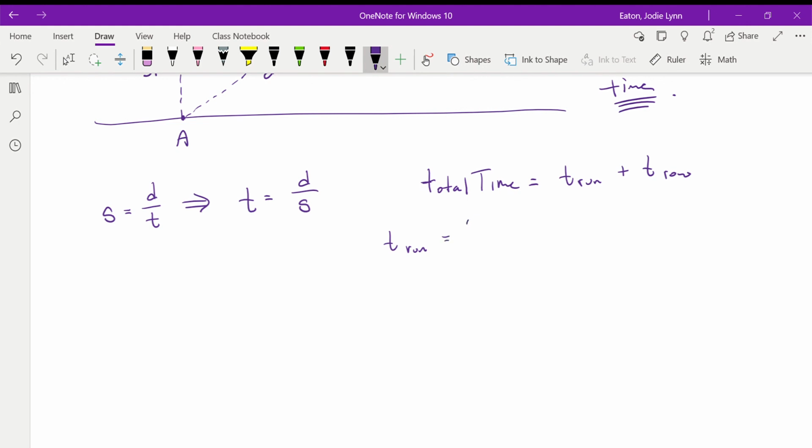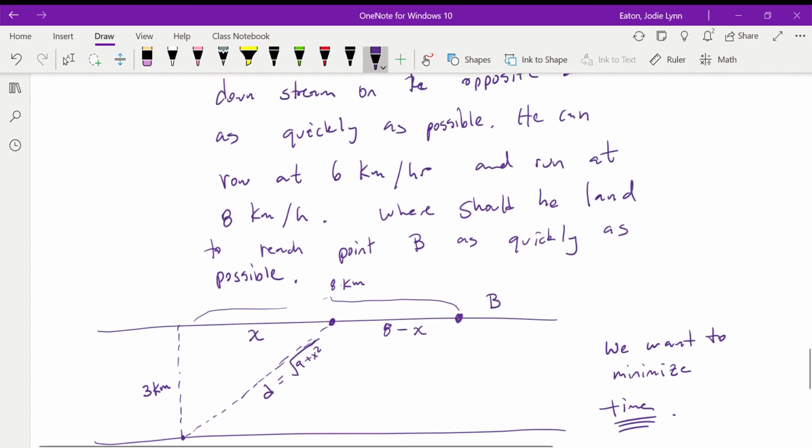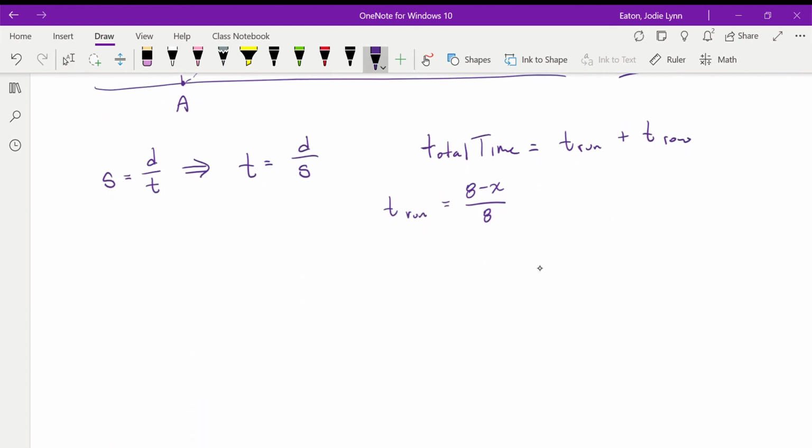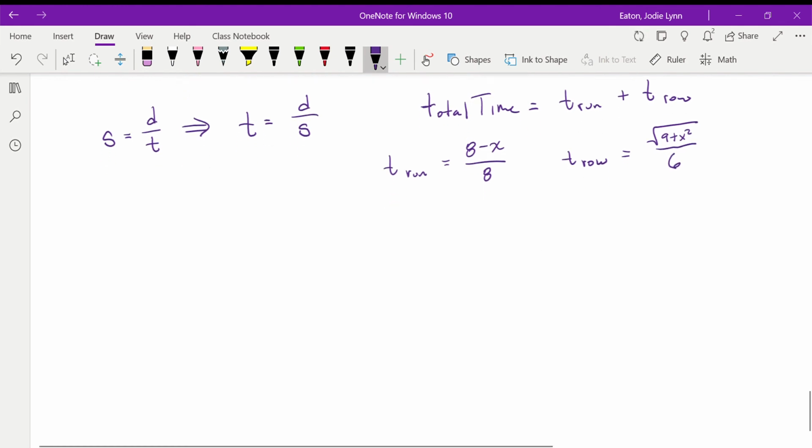So that's going to be equal to 8 minus x divided by 8. If you guys can remember, we run at 8 kilometers per hour. He rows at 6 kilometers per hour. So t row is equal to the distance we row, which is radical 9 plus x squared, divided by the speed he rows, which is 6. Okay. So our total time, we'll call it t, equals 8 minus x over 8 plus radical 9 plus x squared over 6.